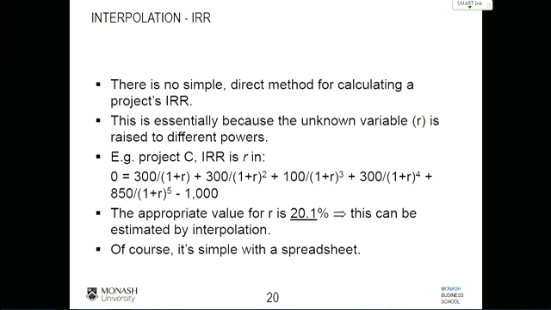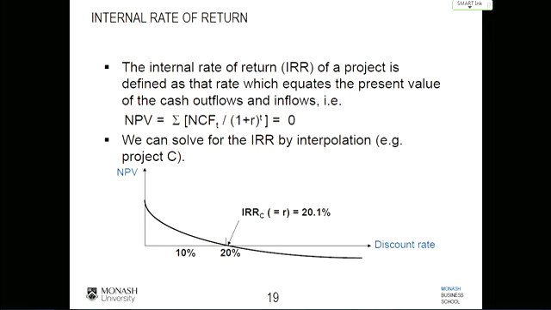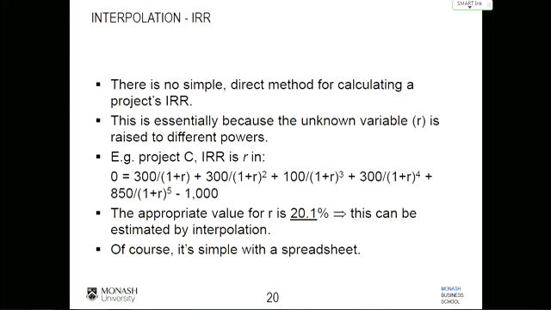If you look at the formula here, you can see that when the NPV is equal to 0, the discount rate R is called the IRR, internal rate of return. Okay? So how to find the IRR?